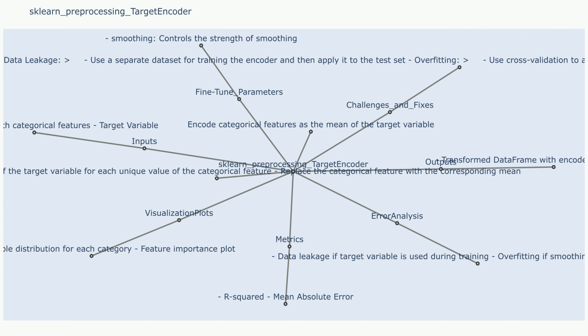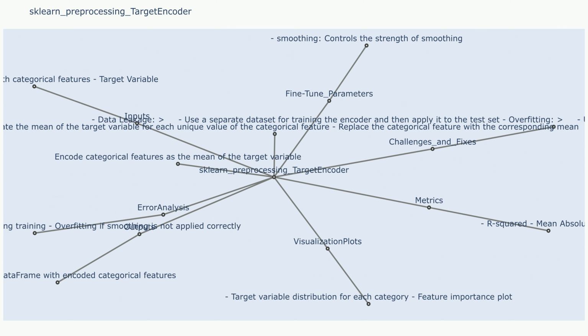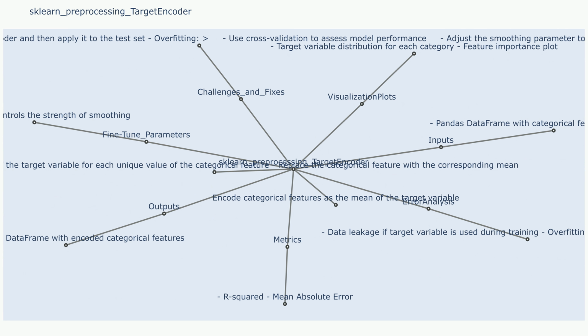Metrics. Accuracy measures the percentage of correctly predicted instances. Precision measures the proportion of correctly predicted positive instances among all instances predicted as positive. Recall measures the proportion of correctly predicted positive instances among all actual positive instances. F1 score, the harmonic mean of precision and recall. Visualization plots.